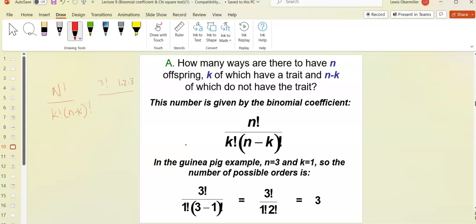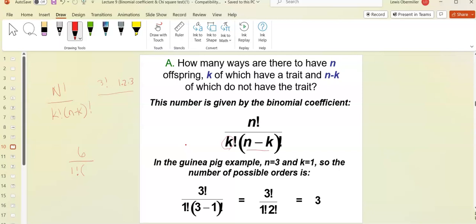Okay, so anyway, we have 3 factorial, so we know that 1 times 2 times 3 is 6. So on the top, we're going to put a 6, right? And then k, in this case, we define k as being one outcome. In that case, it's black, so we have 1 factorial. And then we're going to multiply that by the other possible outcome, which is, in this case, white, not black.